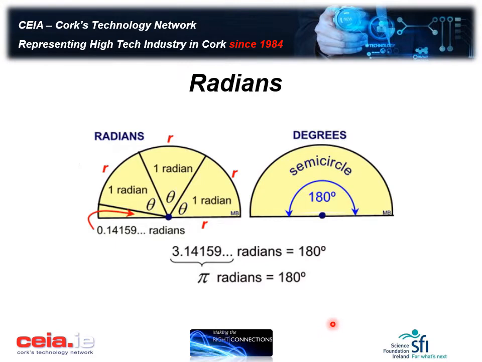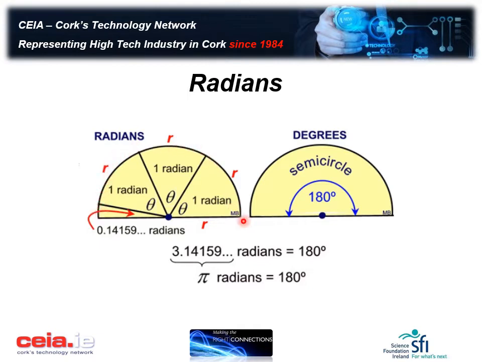So an interesting thing about radians is that radians give us pi, and actually not vice versa. If we look at a semicircle, which we know to be 180 degrees, how many radians are in a semicircle? Again, a radian is defined by an arc of length equal to the radius. So 1, 2, 3, and a bit times.